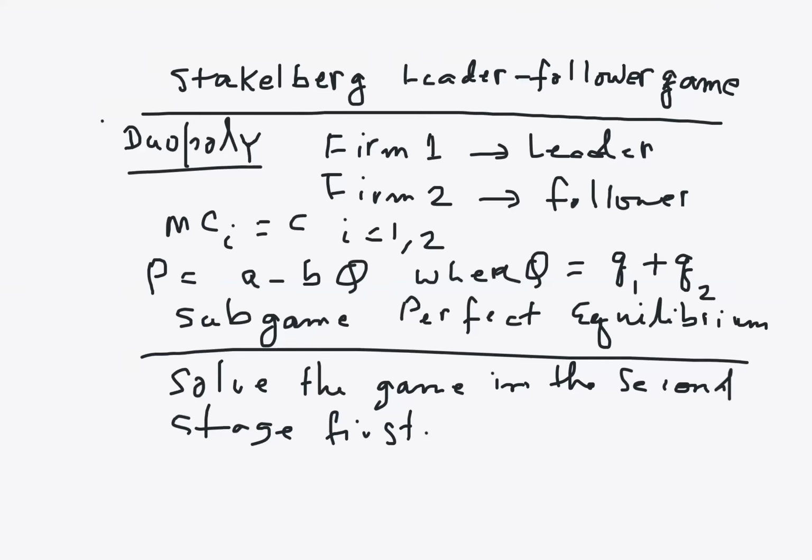To set up the model, we write down the profit function of firm two first. So let's do that. In the second stage, the profit of firm two is total revenue minus total cost. Total revenue is price times quantity.